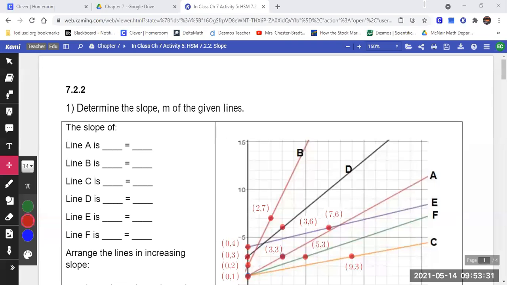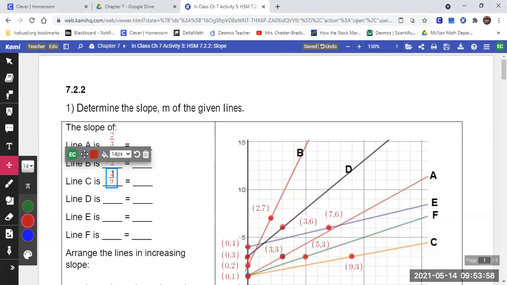So what did we say the slope was for A? 2/3. Okay. What did we say the slope was for B? 5/2. Thank you. What did we say the slope was for C? 2/9. Thank you.